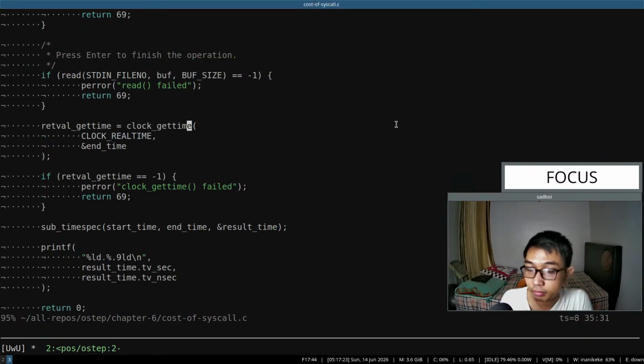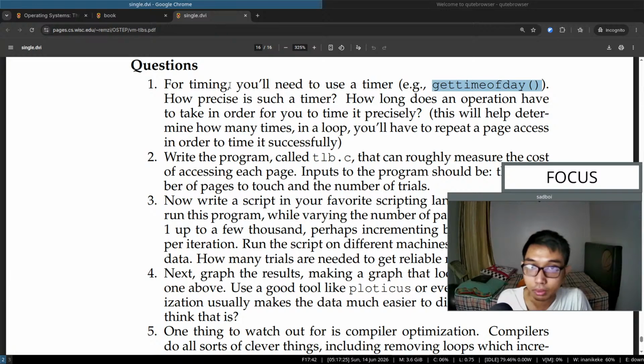Clock gettime. Okay, for timing, you will need to use a timer. How precise is such a timer? How long does an operation have to take in order for you to time it precisely?